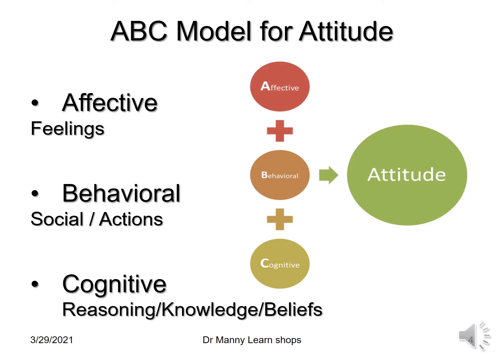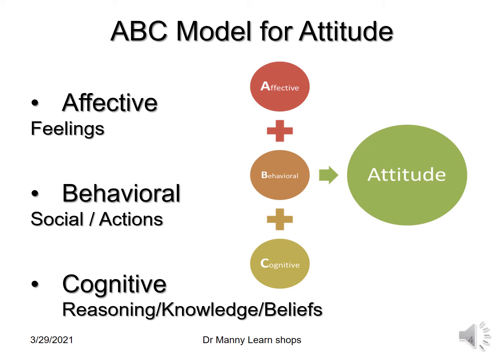One of the models that looks at attitudes is called the ABC model for attitude. Remember this. A is for affective. It's about your feelings. B is behavioural. It's what you do. It's how you act. They're social actions.